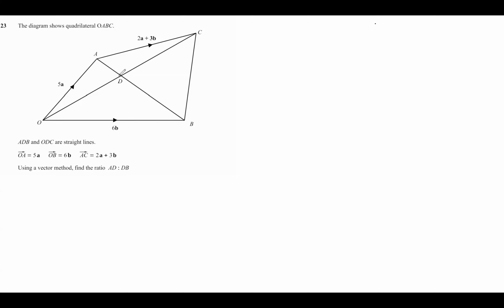So we want to find the ratio of AD to DB. Now, the vector AD, essentially, we want to try and write that in two different ways, or express AD in two different ways. So AD can be expressed as, going back over here, minus 5a plus OD.